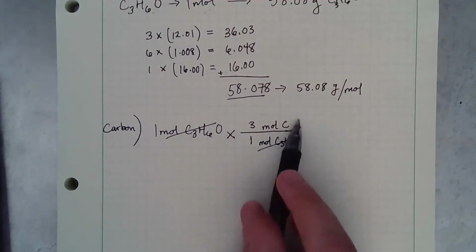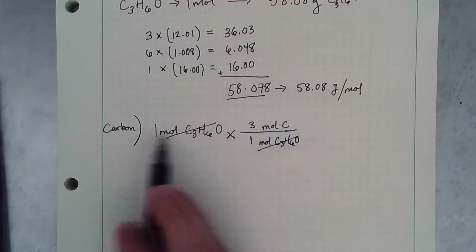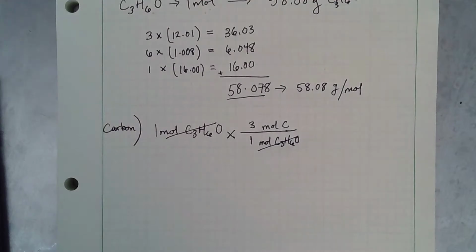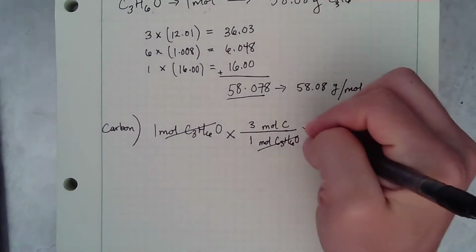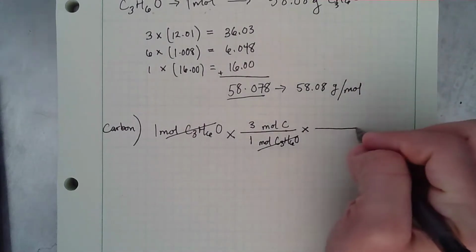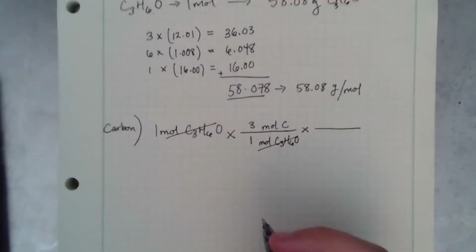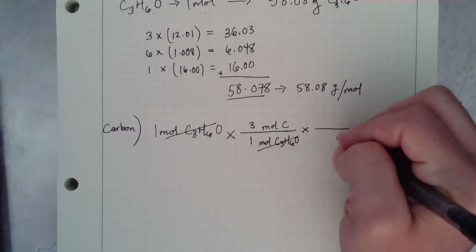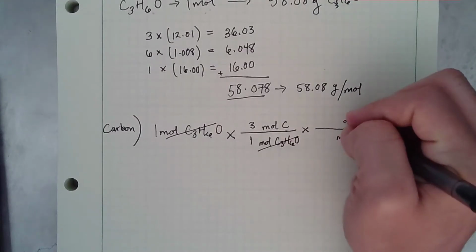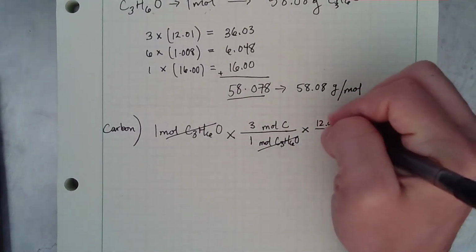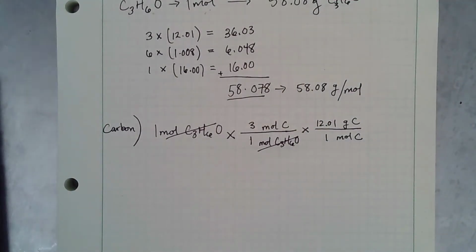So here I have 3 moles of carbon, or 1 times 3 divided by 1, so I'm in moles of carbon. What I need to know now, if I want to calculate the mass percent of carbon, is how much that carbon weighs. That is where the periodic table gives me the atomic mass of carbon. Paying attention to the units here, moles of carbon on the bottom, grams of carbon in the numerator: 12.01 grams of carbon per mole of carbon.